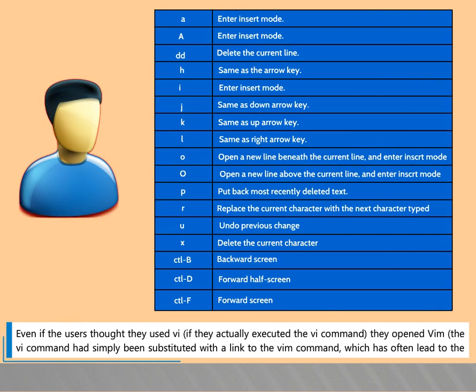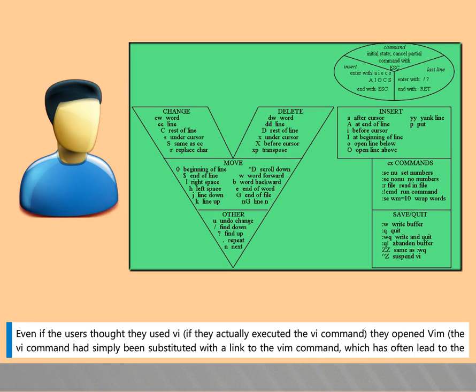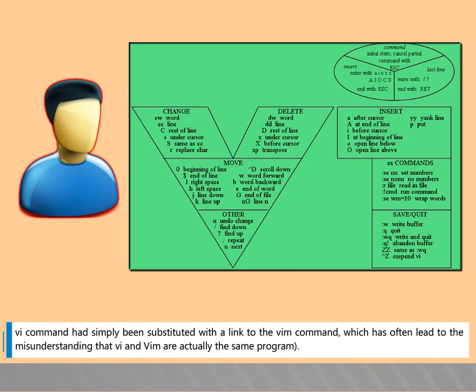Even if the users thought they used VI, that is, if they actually executed the VI command, they opened VIM, that is, the VI command had simply been substituted with a link to the VIM command, which has often led to the misunderstanding that VI and VIM are actually the same program.